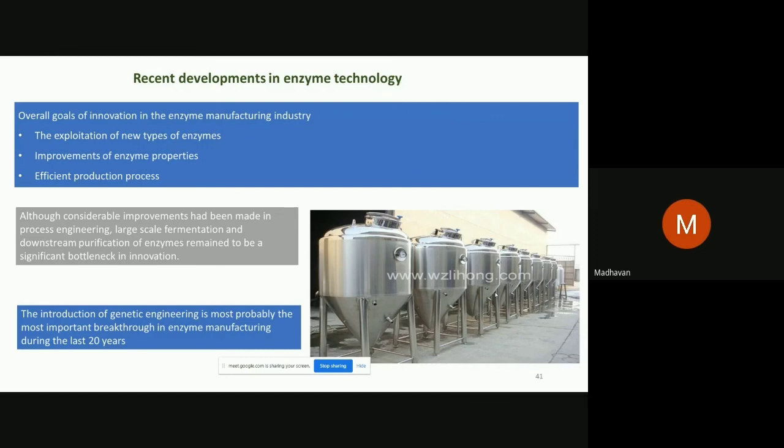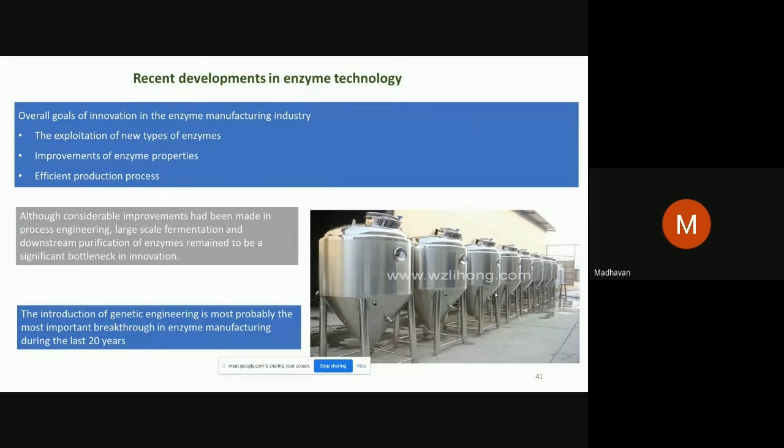So there is a very interesting topic: defined medium and undefined medium. Defined medium is synthetic, where you know all the ingredients. But we have to think out of the box, and we may sometimes use fish meal extract or some marine waste materials, where we need to supplement the enzymes like that.